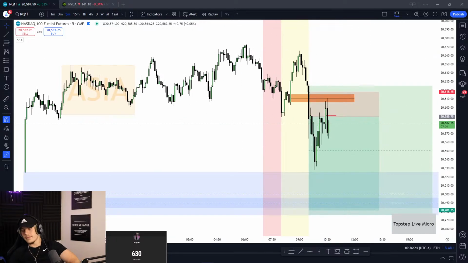Should move lower from here. Ideally, we're back into the order block. We should not go up higher.